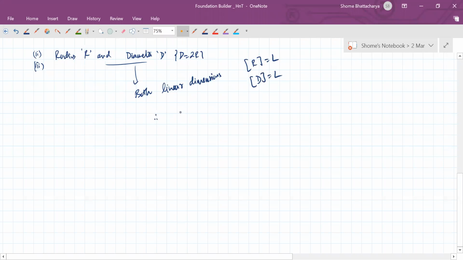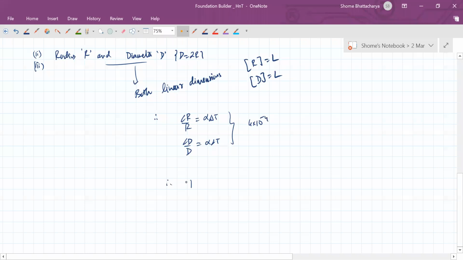So therefore, this is also alpha delta T. This is also alpha delta T, which is 4 into 10 raised power minus 4.